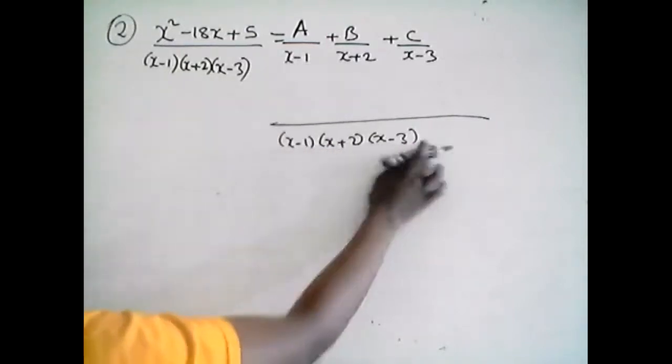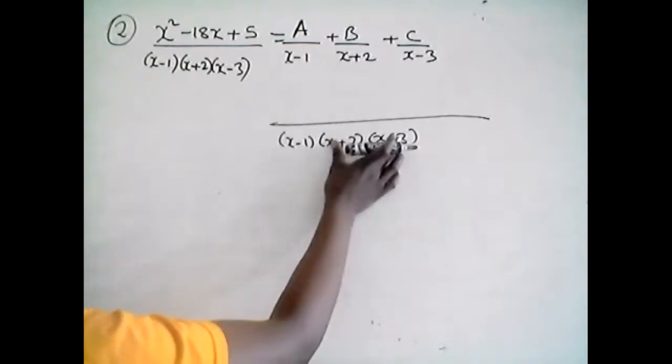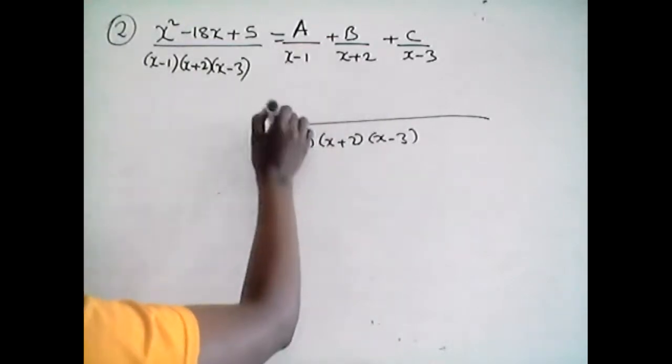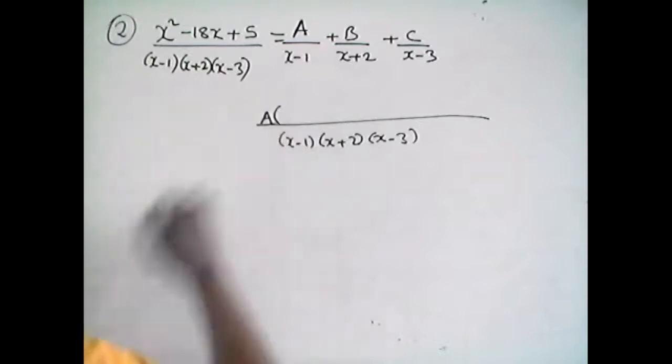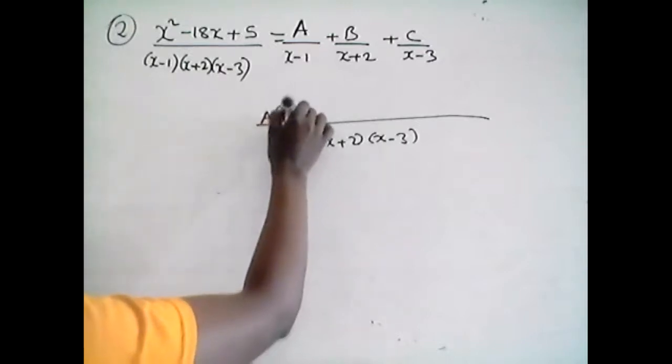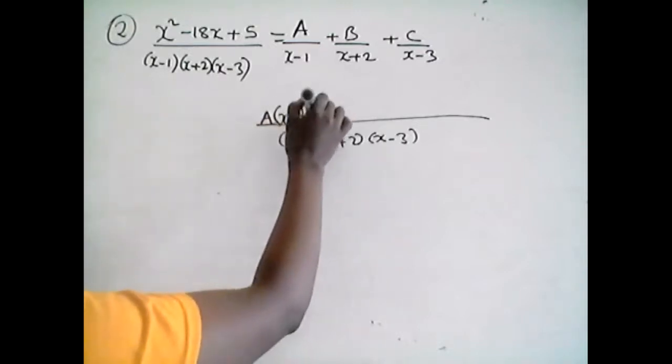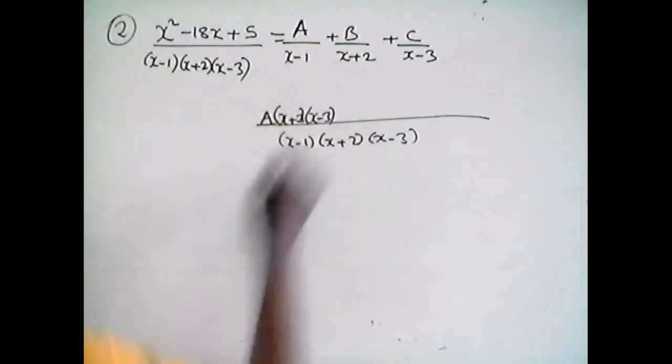We are just going to remain with this part here. So it will be this multiplied by A. So it is A, open bracket, x plus 2, x minus 3.